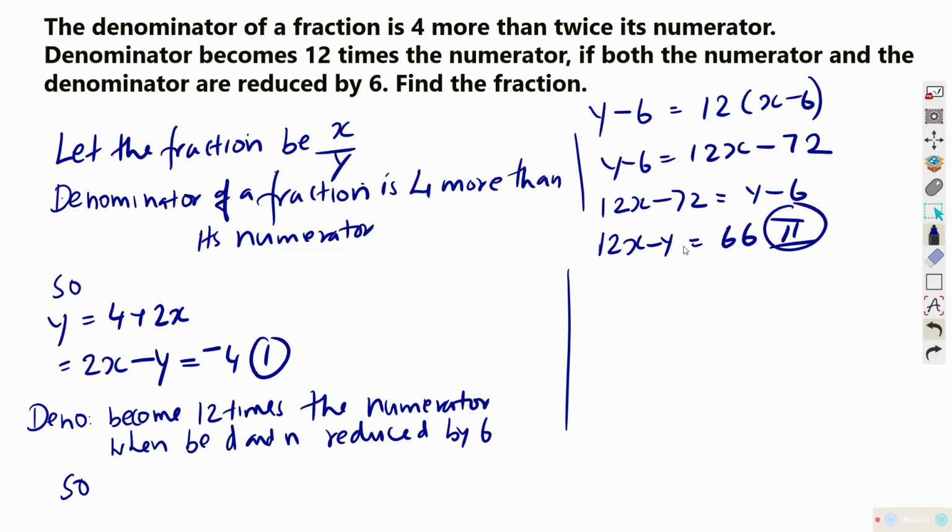We can subtract the first equation from the second. That means we will subtract 12x minus 2x, then minus y minus minus y.